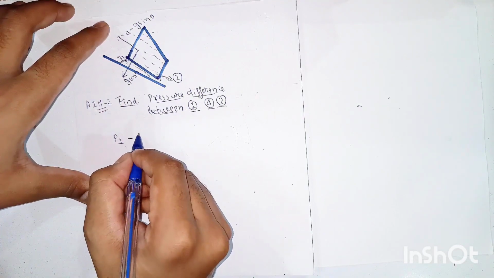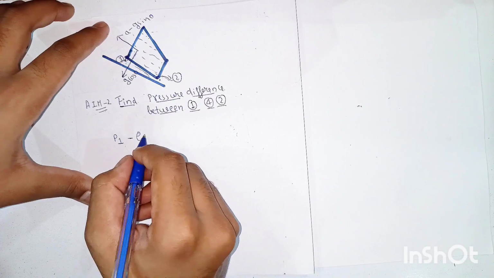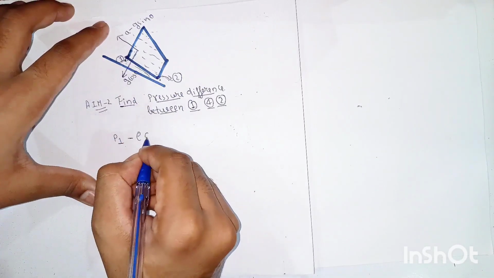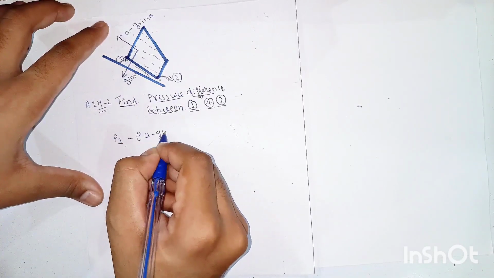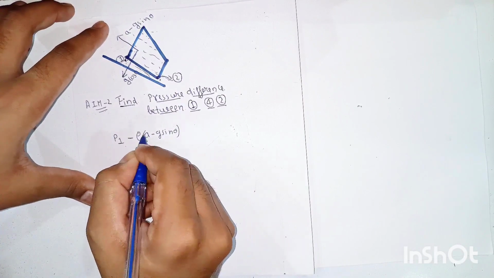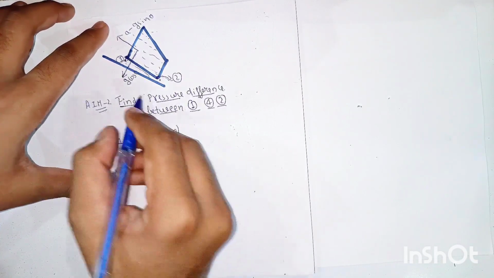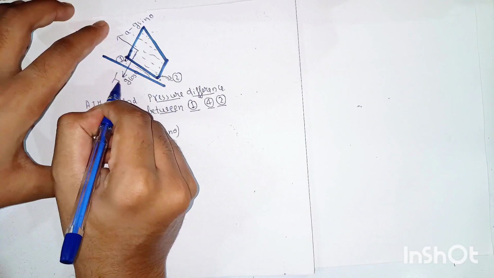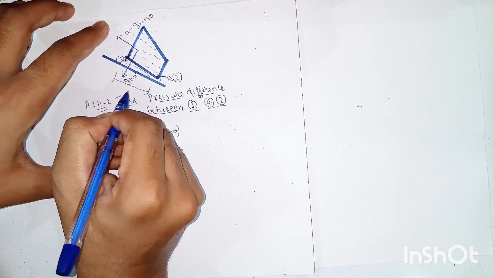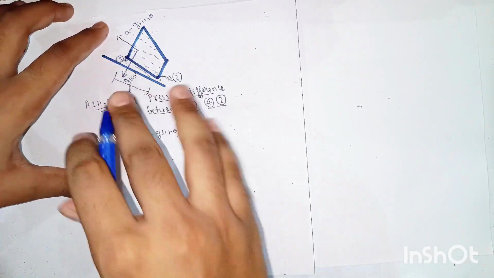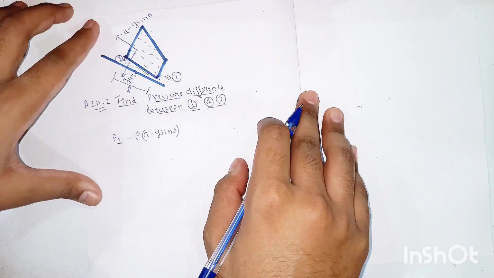Traveling inside water, so rho water, net acceleration a minus g sine theta, into let us say this length is L.